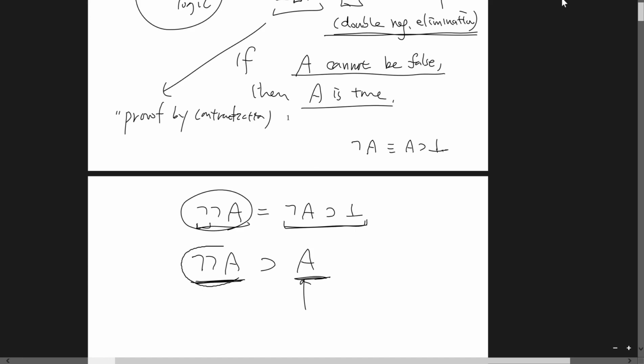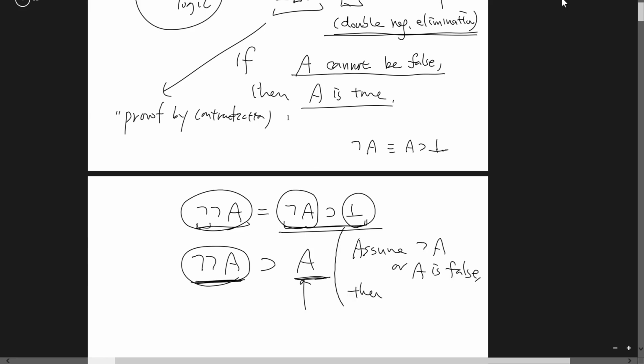But double negation A means negation A leads to bottom. So we can read this formula as: assume negation A, or A is false.